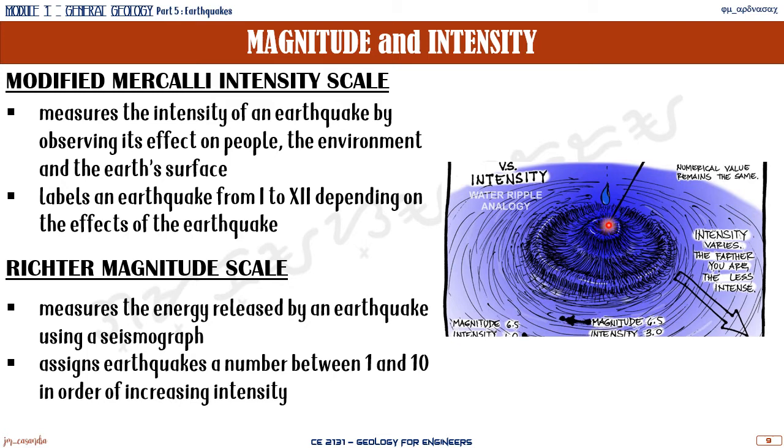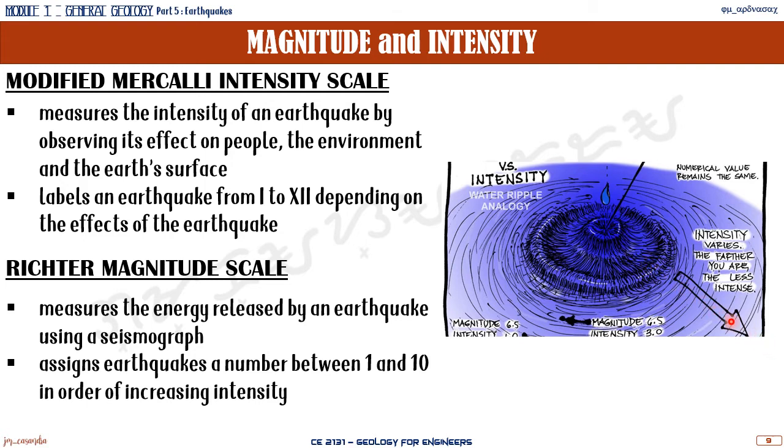Okay, so from here, magnitude will remain the same wherever we are observing. The numerical value of the magnitude will remain. And then the intensity will vary depending on the location of your observation.